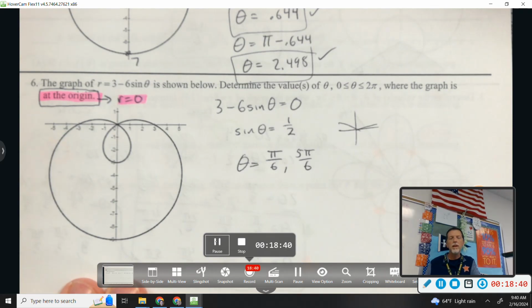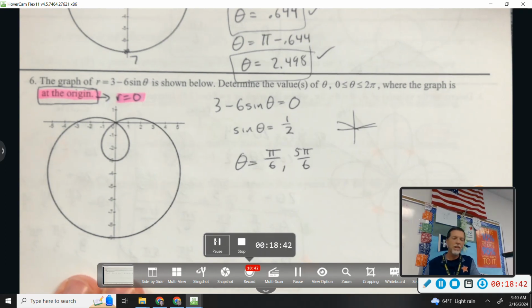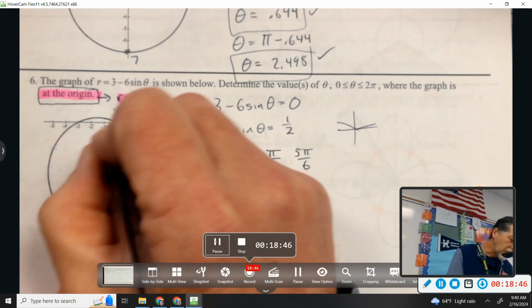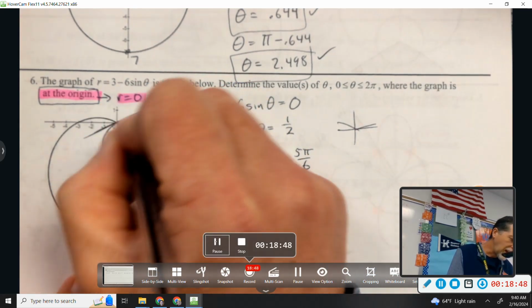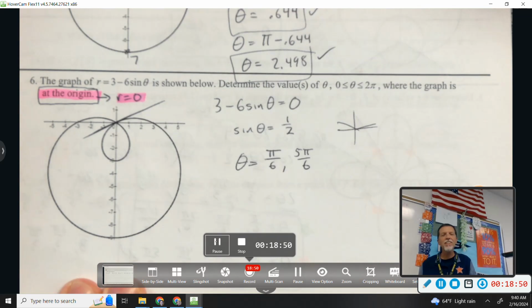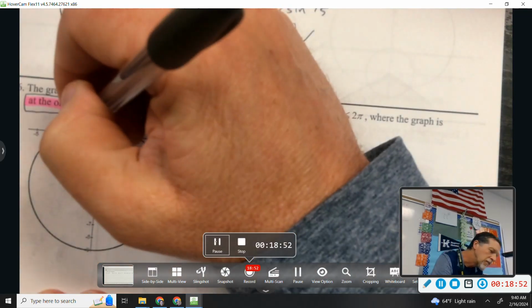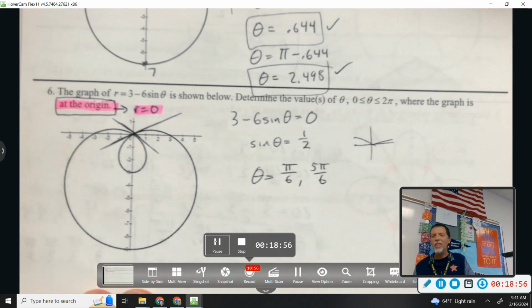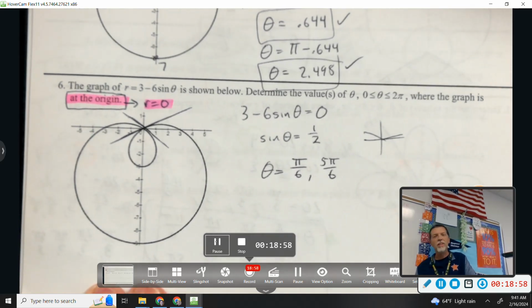And this gets a little into calculus, but that means that at pi over 6, there's a tangent line to the graph right there. And at 5 pi over 6, there's a tangent line to the graph. Tangent lines are calculus things, but there's the connection to calculus to convince Jacob to remember this for next year. In addition to his unit circle.